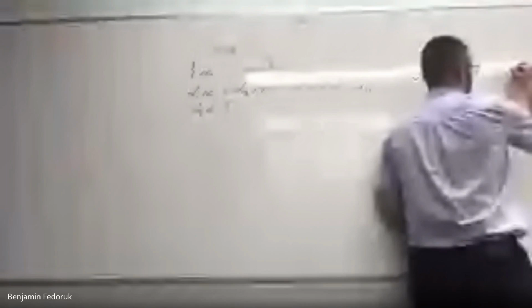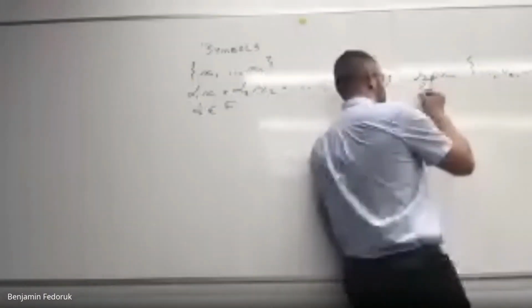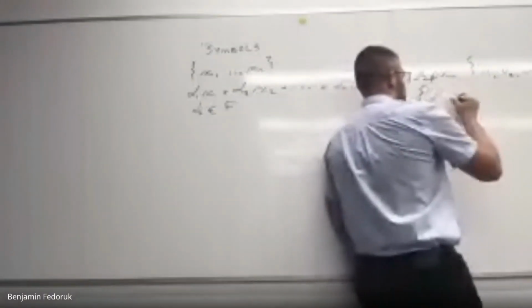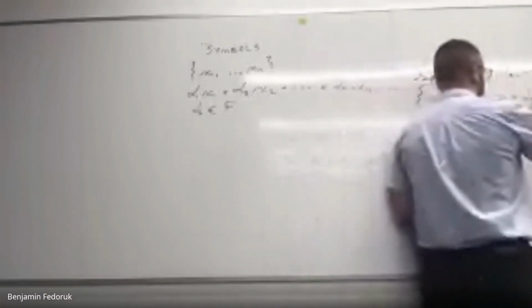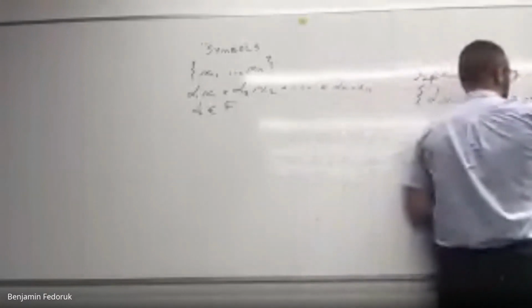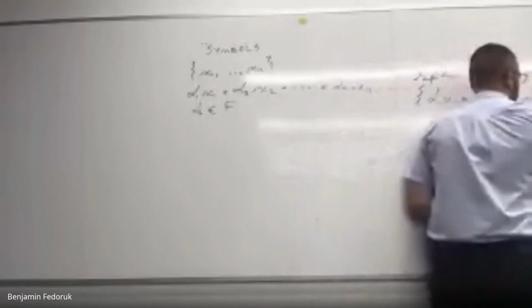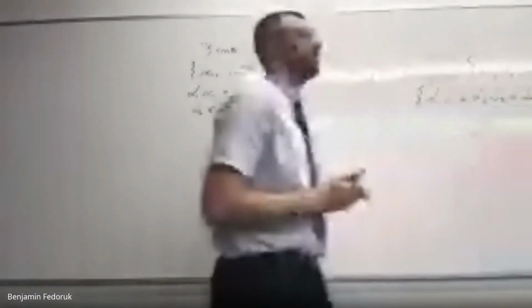Mathematically, it's the set of all linear combinations of those, such that alpha i is in your field. And we just use F for a field, right?